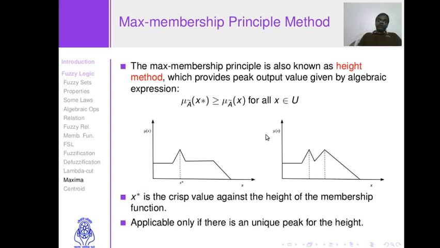There is no answer if we apply max membership principle. So in that case, where a fuzzy set has multiple peaks with the same height, we have to apply some other methods except the height method.